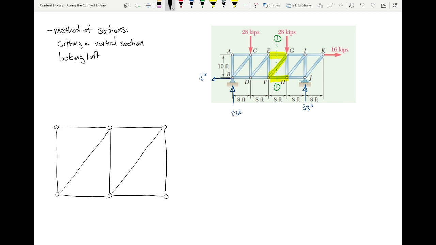Just so you're following along with what I'm drawing here, that's 16 kips, 23 kips, 28 kips. And then what we did is we cut the structure like this.